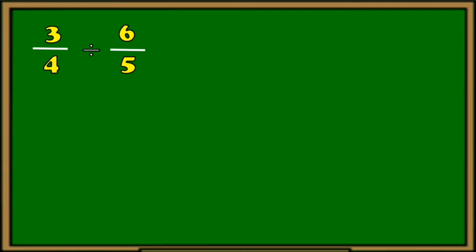Another example, 3 over 4 divided by 6 over 5. Same process. Let's just copy 3 over 4 first. Then change the operation from division to multiplication. And then get the reciprocal of 6 over 5.